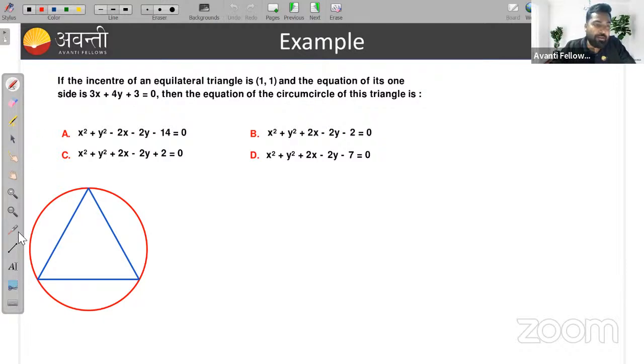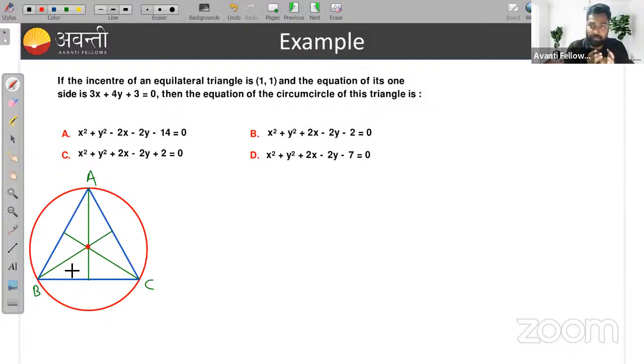Suppose we have a triangle ABC, and this is the angle bisector of angle B, this is the angle bisector of angle A, and this is the angle bisector of angle C. So the point of intersection, this point, is known as my incenter.